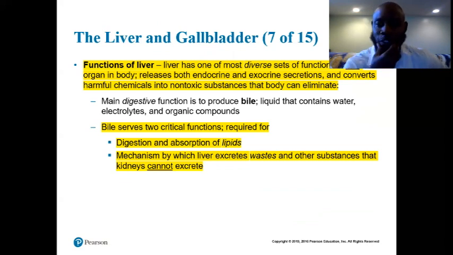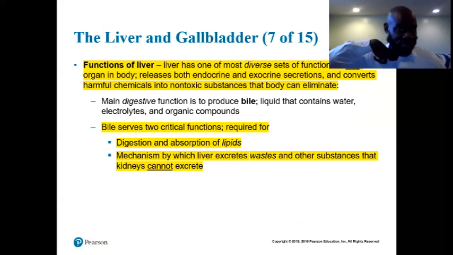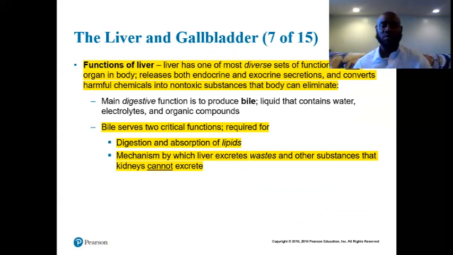As I mentioned earlier, I have a family member who struggles with alcoholism, and this is one of the reasons why he's ended up with some liver problems, because your liver is the organ that's responsible for handling the toxins we put into our body, such as alcohol, which is a toxin.